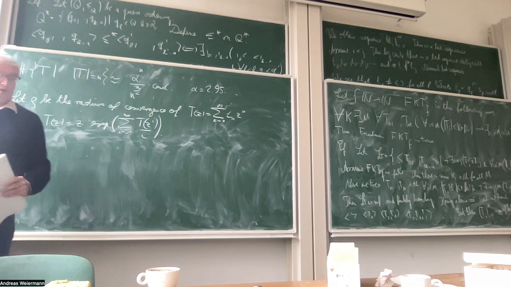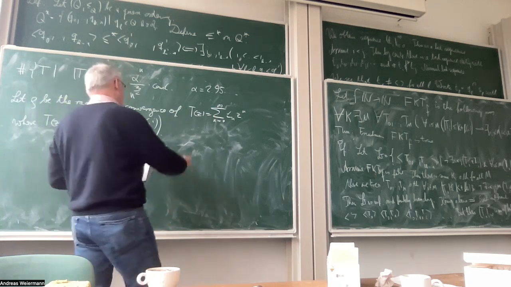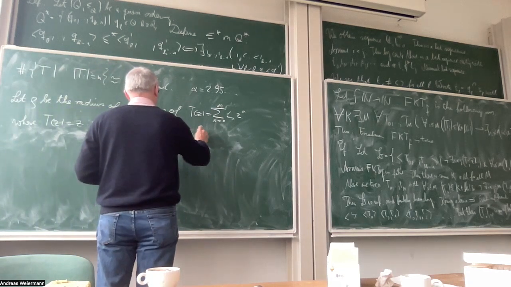So we assume that we have a power series, and the power series satisfies the law. Then one can show rho is bigger than 0 and alpha is 1 over rho.